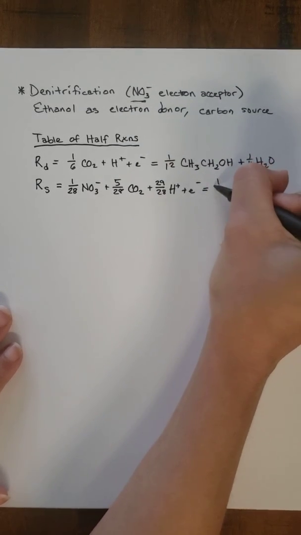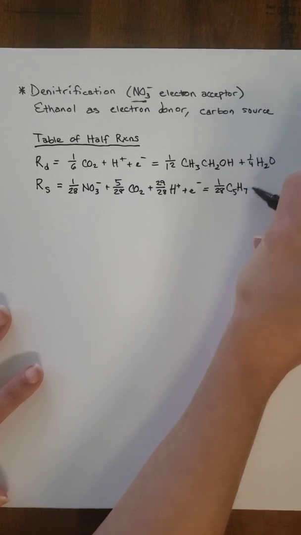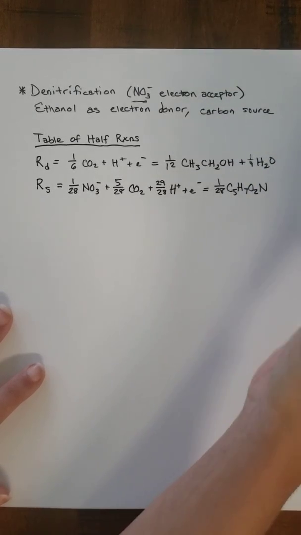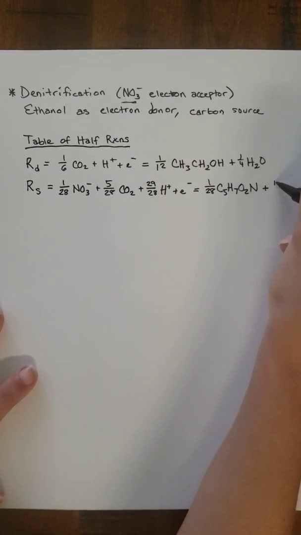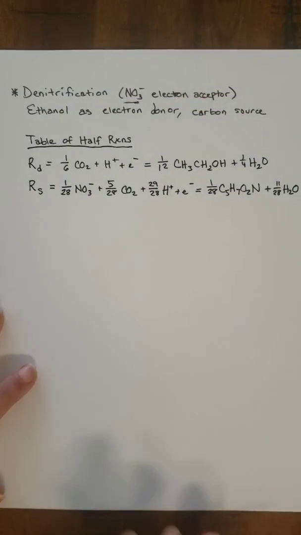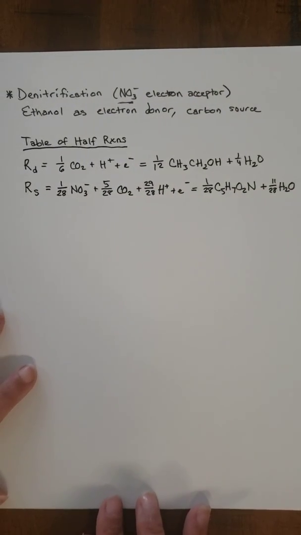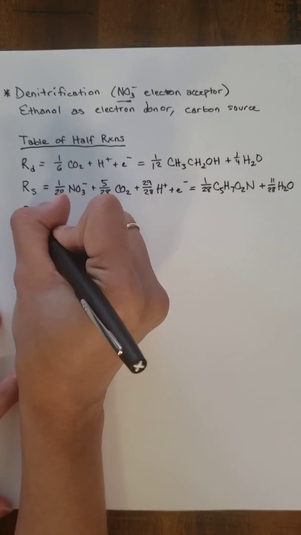And this gives us 1/28 C5H7O2N, which is our biomass. And then we'll add on the waters at the end.